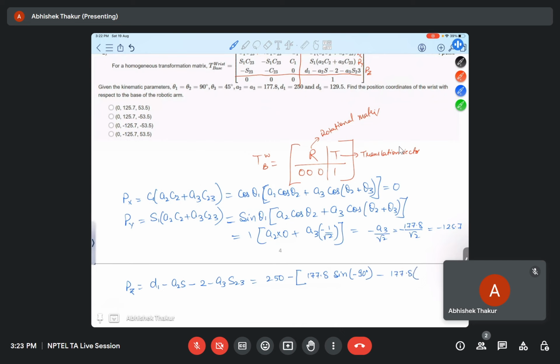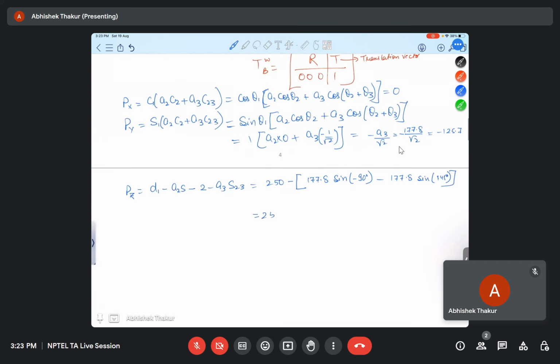So it will become sine of theta 2 plus theta 3, that is equal to 145 degree. So here if you take 177.8 as common, we will get here minus sine 90 degree is minus 1, and this will become minus of 1 by root 2.